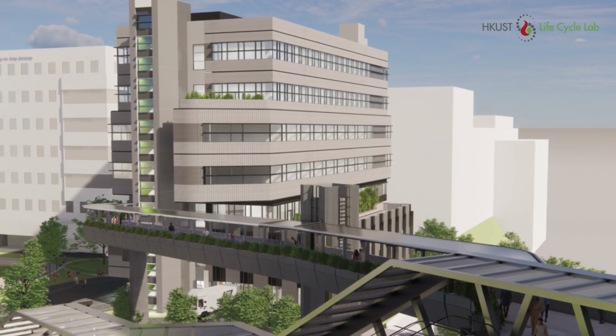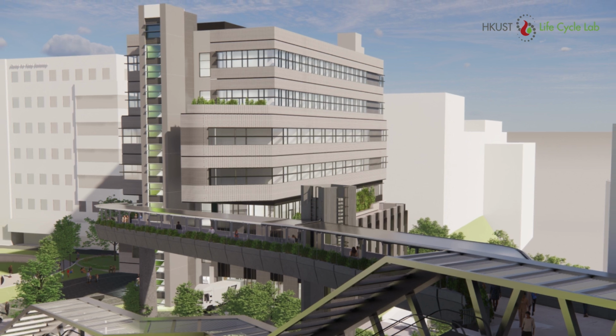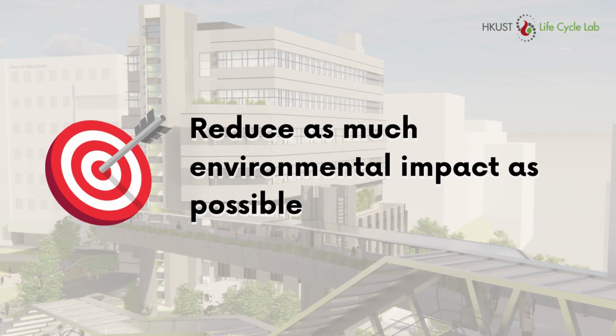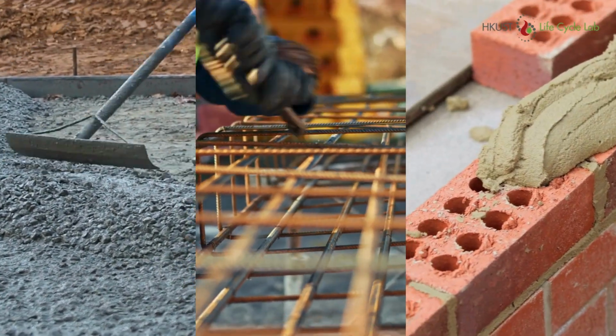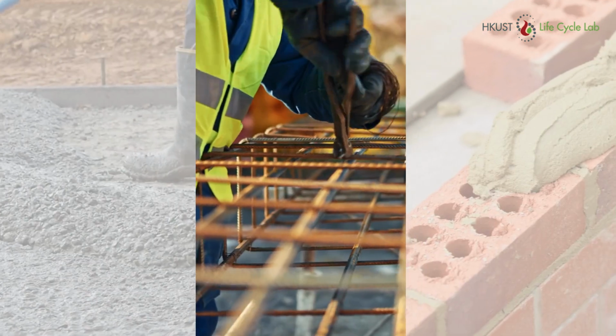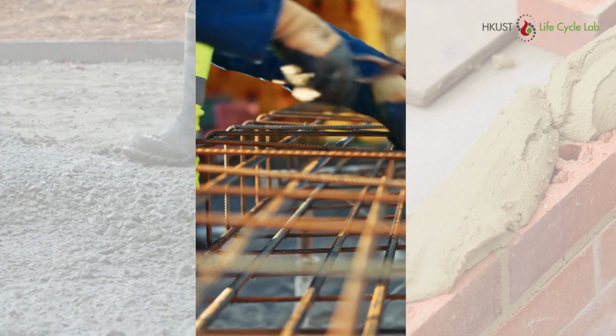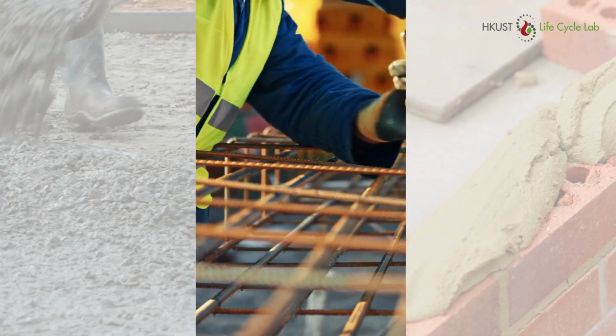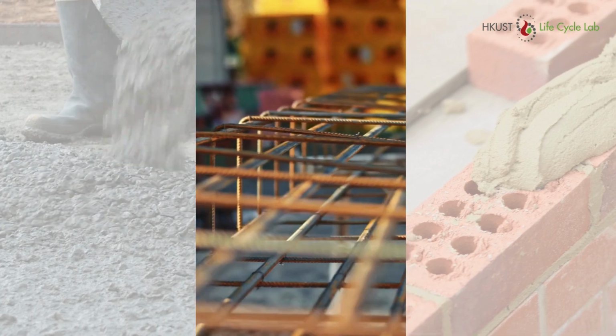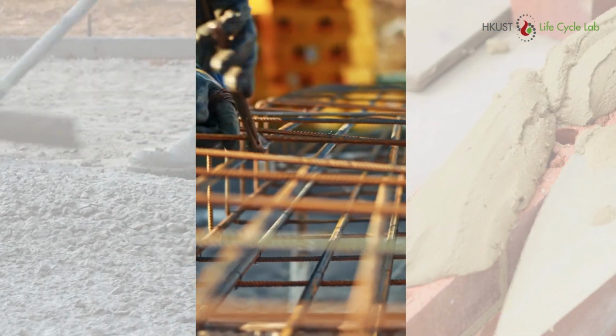For example, when we were designing the new innovation building, our goal was to reduce our environmental impacts as much as possible. Therefore, we decided to look at the products we would be purchasing from a life cycle analysis perspective and found that reinforcement steel bar would create the most impact during the construction process. So this product became the main target in our carbon reduction strategy.